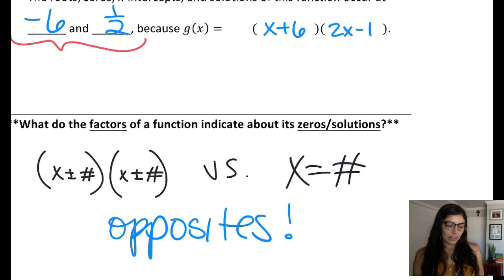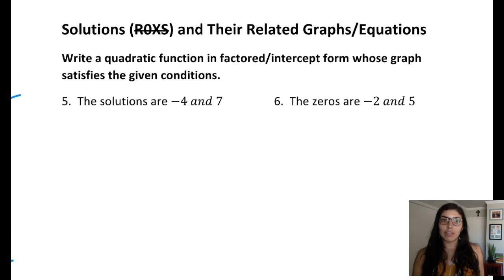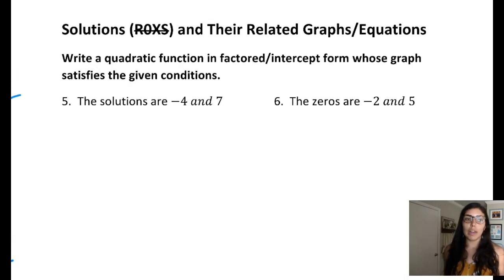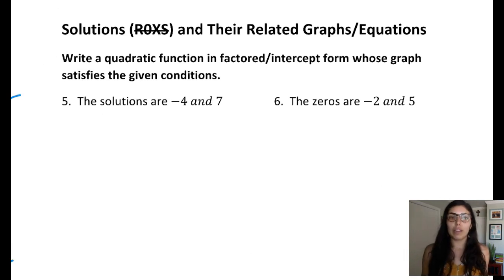Speaking of that, let's say we were given a question phrased like this. We want to write a quadratic function in factored or intercept form whose graph satisfies the given conditions. This time I'm not given the equation, I want to write it. So the only thing that I'm told is that the solutions are -4 and 7.